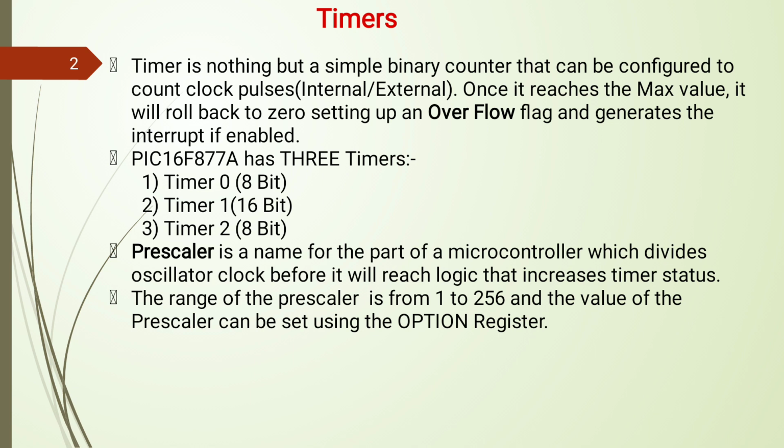The timer count is incremented after reaching the ratio selected by the user, that is 1:2, 1:4, 1:8, 1:16. So after reaching that count, the timer count will be incremented by 1 only.